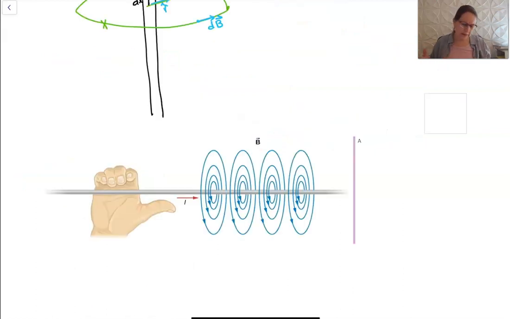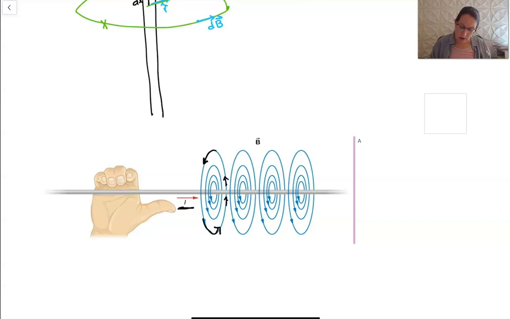So if you look, this is a picture from your book that shows the direction of the magnetic field. This is the right-hand rule with the thumb in the direction of the current here, right? And then the magnetic field loops around the wire like that. So that's your curling right-hand rule. The thumb points in this direction up here, and then as you rotate your hand around, it looks like that.